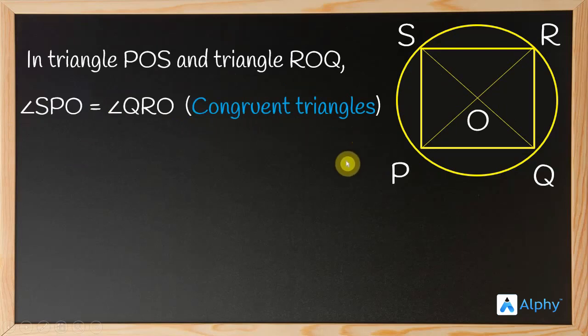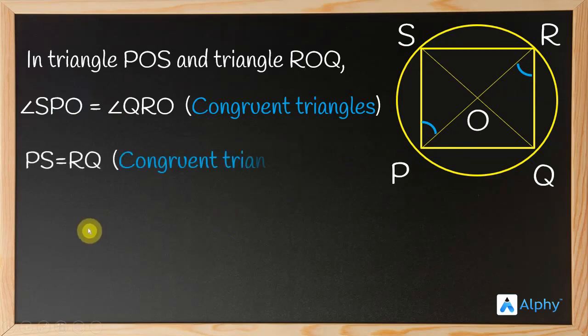Now what this means is that SPO, let me highlight this angle right here, and QRO, this angle, are equal. Why? Because these are congruent triangles and we know that corresponding parts of congruent triangles are equal. Hence these angles will also be equal. And next we have that PS is equal to RQ. Why are they equal? Again, corresponding parts of congruent triangles are equal, so we can say that these two sides are equal.